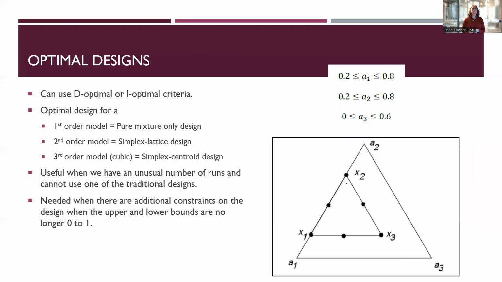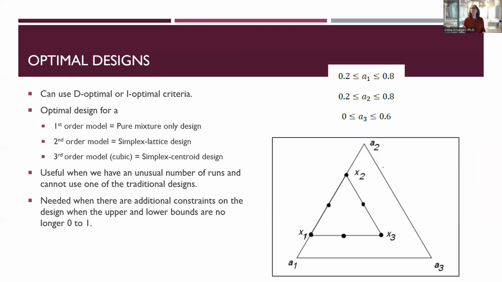Optimal designs, as I was listening to a talk by someone from Design Expert, he said that this is really all that he sees in real life, for the most part, is the need to use optimal designs. Well, why? If you remember the triangle, well, let's start with this. We've got different constraints.